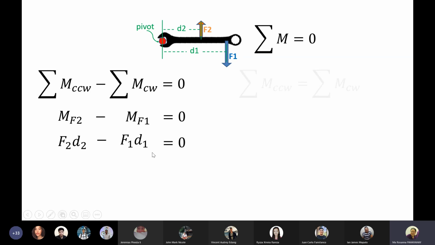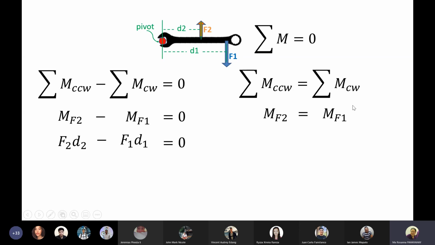You can do this one, you put the counterclockwise on the other side, so you will just equate. If you just equate them, definitely the direction for clockwise is positive, because you moved it to the other side.